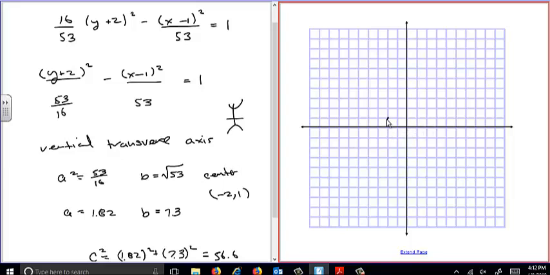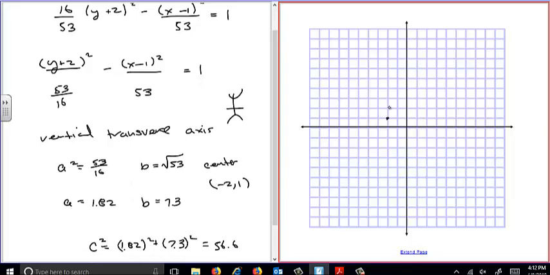So there's the center. The vertical direction is the direction of the transverse axis. But the actual distance we go is equal to a, which is 1.82. So we go 1.82, 1.82.